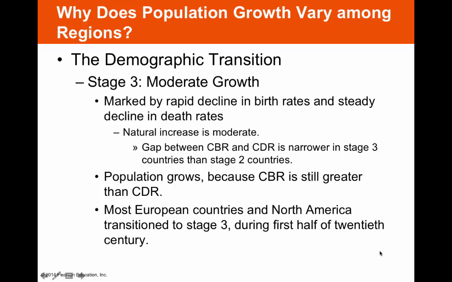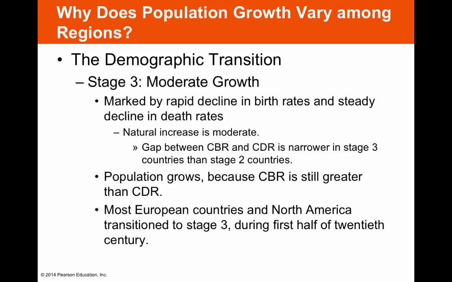Okay, stage 3 is moderate growth. This is where birth rates are going to rapidly decline and death rates are going to continue to decline. And so the natural increase rates are going to begin to be moderate. At this point, we have a gap between the crude birth rate and the crude death rate, and that gap is narrower in stage 3 countries than in stage 2 countries.